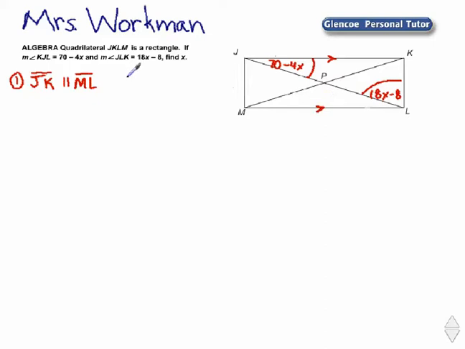And we also know that angle MLK is a right angle, which tells me that the measure of angle MLK is 90. That's this angle right here. And again, I know this to be true because we're told that that quadrilateral is a rectangle, and that's the definition of a rectangle.